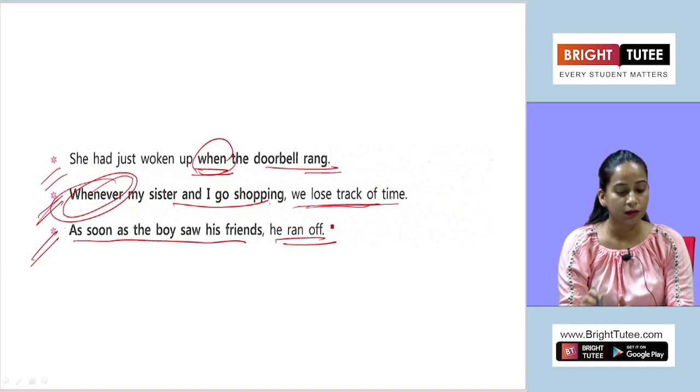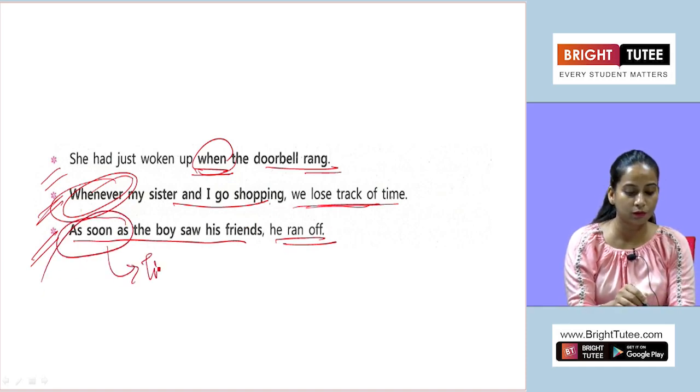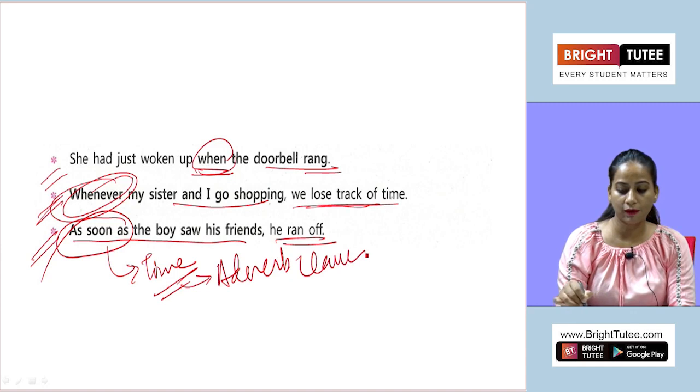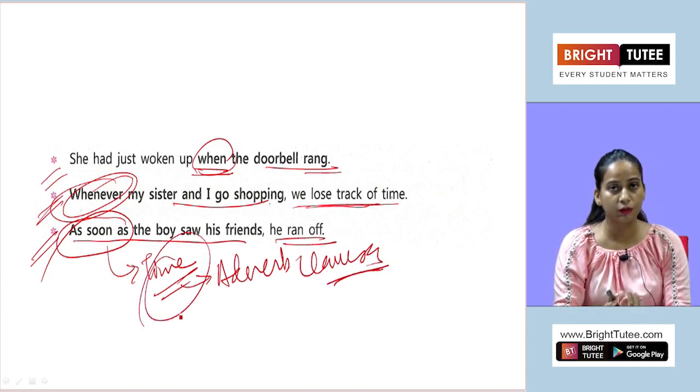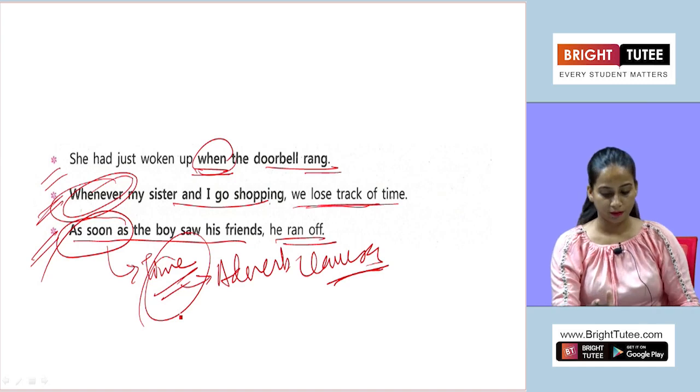When did he run off? As soon as. So the time is being told to you. So that is going to be your adverb clauses that we have used here, based on time basically. Clear? So hopefully these examples are giving you a little idea of what adverb clauses of time are.